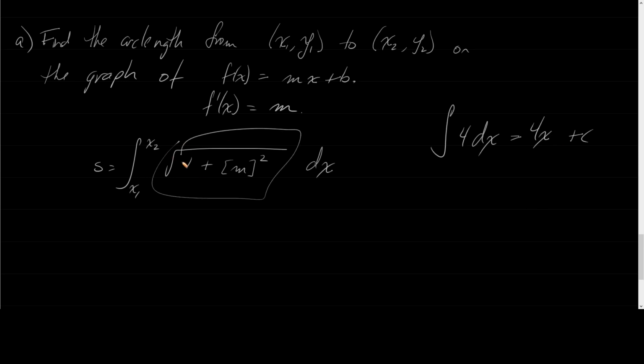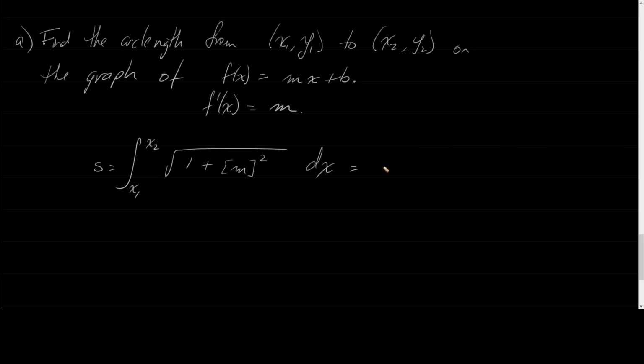This entire thing there is a constant. So the same idea is going to apply. So what we're saying here is that this is going to be just the square root of 1 plus m squared. Well, I don't really need those brackets there. I'm going to leave them there because I will need them later, I just realized. All right, times x from x sub 1 to x sub 2.